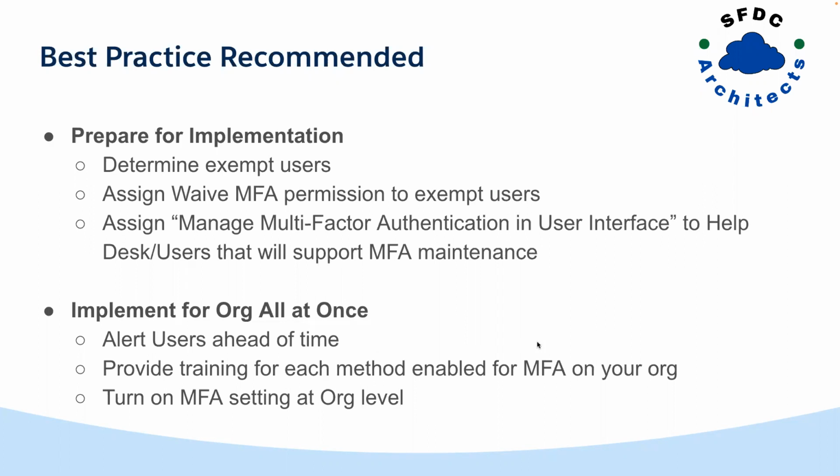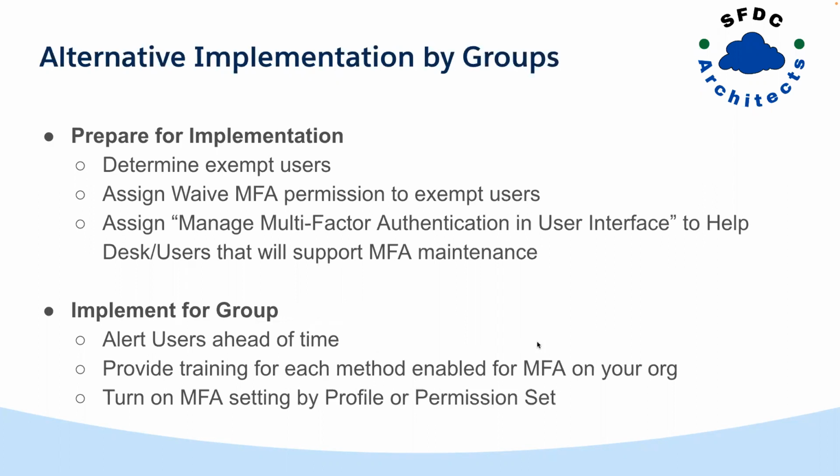But having worked with a few guys in the past, I've done the alternative approach, which is still available. Determine your exempt users, assign the Waive permission, get your help desk trained on it, and still alert the users. But I would turn it on profile by profile or permission set by permission set, and then once everybody's on, I would do it at the org level.